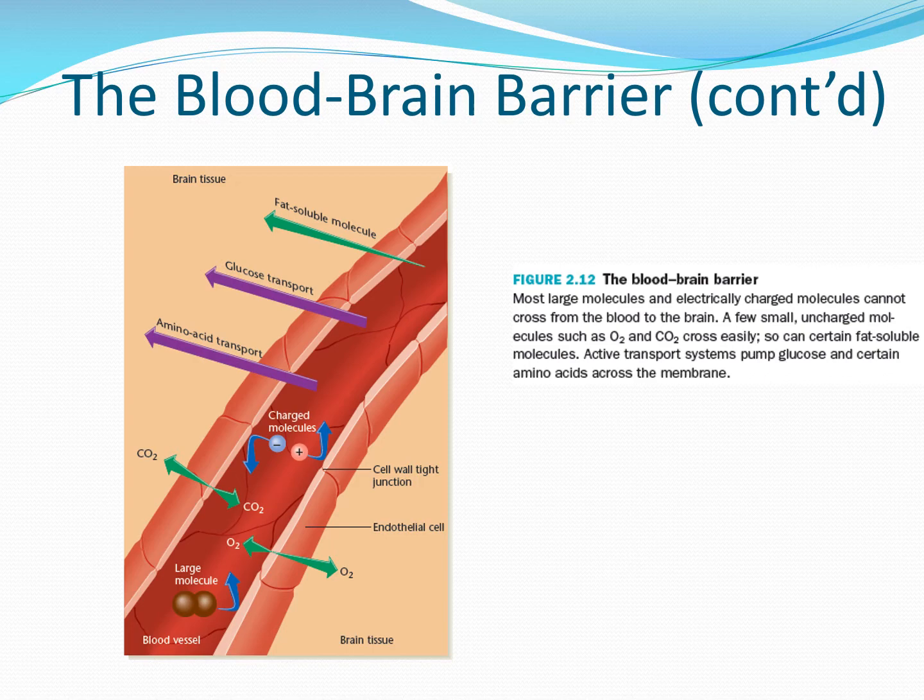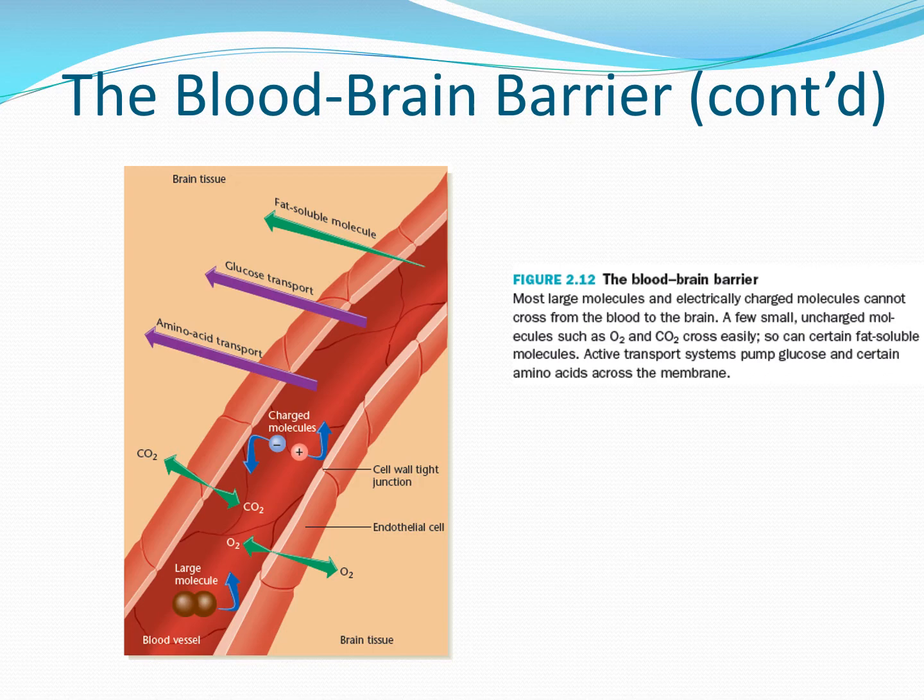We also see that fat-soluble molecules cross without any kind of energy being expended. So any kind of psychoactive substance or drug that affects the brain is going to be fat-soluble, as it's affecting the brain. And then we have some active transport systems.